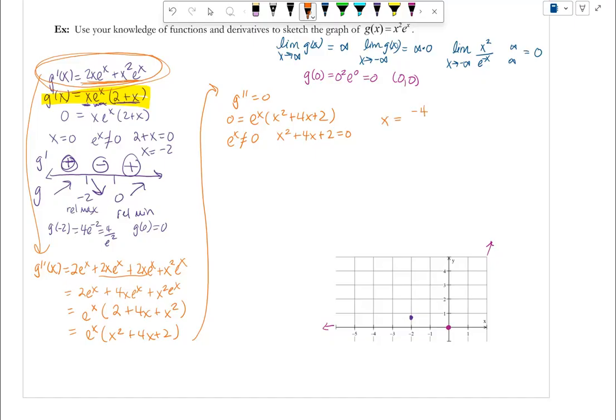X equals opposite b plus or minus the square root of b squared minus 4ac, all of that over 2 times a. So we get -4 plus or minus, let's see, 16 minus 8 is the square root of 8, all of that over 2.